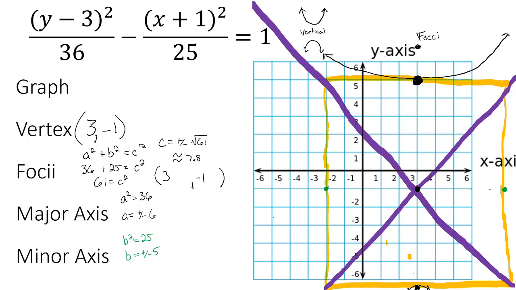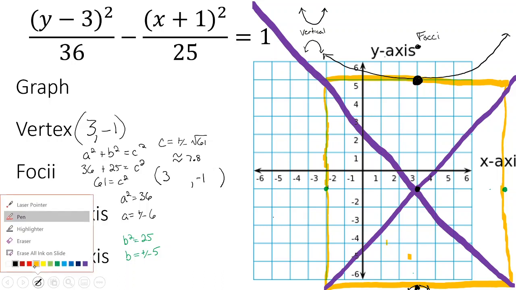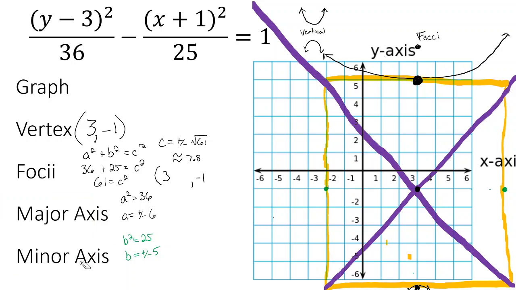Now it opens vertically, so I'm going to add and subtract to the y. So it's going to be plus or minus the square root of 61. So then I can clean it up: 3, negative 1, plus or minus the square root of 61 is the coordinates of the foci. All right, let's keep moving forward.